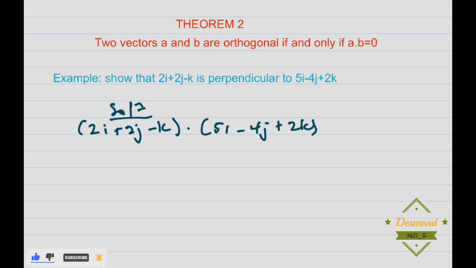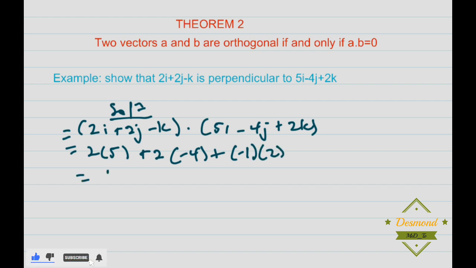When we do it, we should get 2 multiplying 5, plus 2 multiplying minus 4, plus minus 1 multiplying 2. This gives 10, negative 8, and negative 2. When we add it, we get 0. Therefore, 2i plus 2j minus k is perpendicular to 5i minus 4j plus 2k, which is correct.